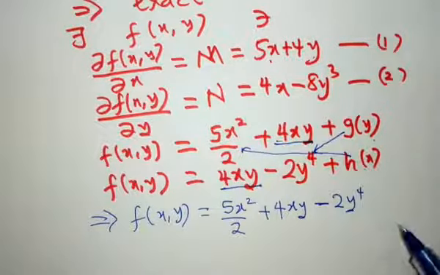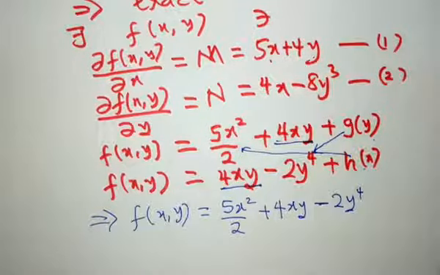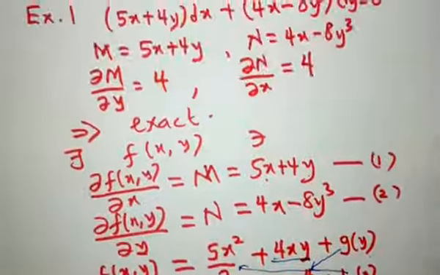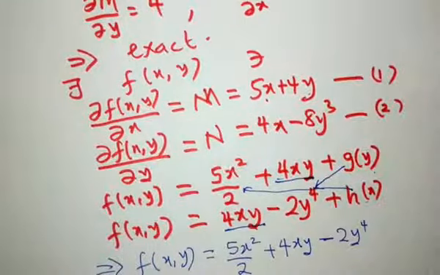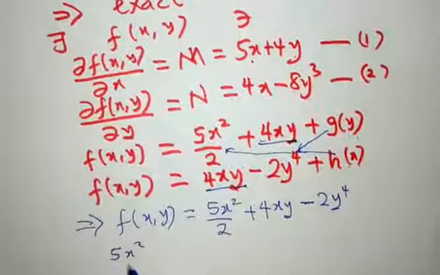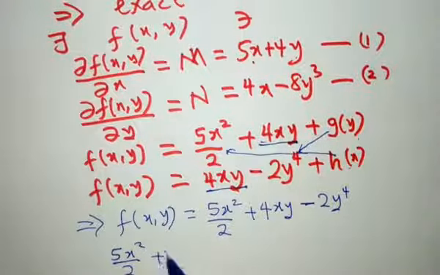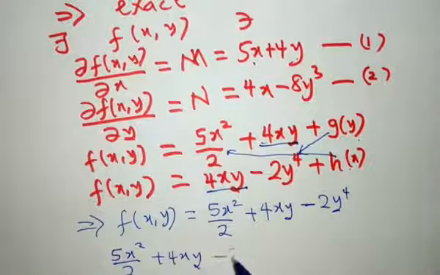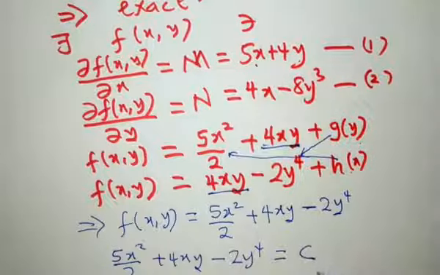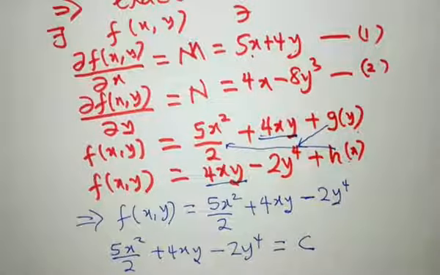So this is our f of x comma y. And so the solution to our exact equation is 5x squared over 2 plus 4xy minus 2y raised to power 4 equals an arbitrary constant c.